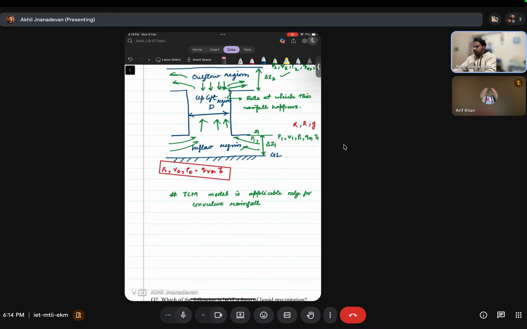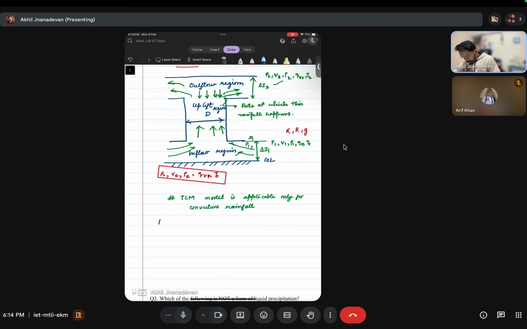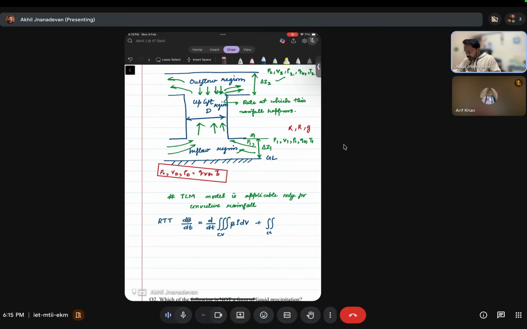So if you remember correctly, the RTT we have derived as dB/dt is equal to d/dt of the control volume, the rate of change of the extrinsic property, plus the net outflow of the extrinsic property across the control surface, the integral of beta rho V dot dA.